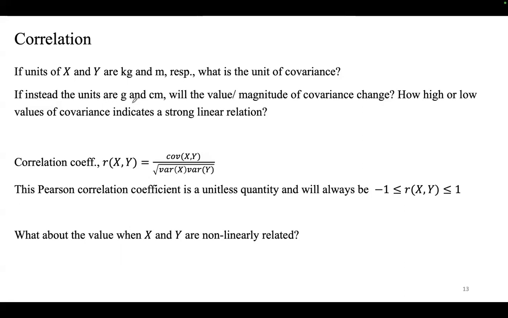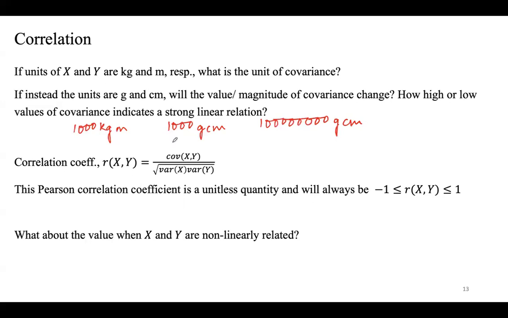So if I give you three cases: 1000 kg meters, 1000 gram centimeter, and let's say 1003 gram centimeter.